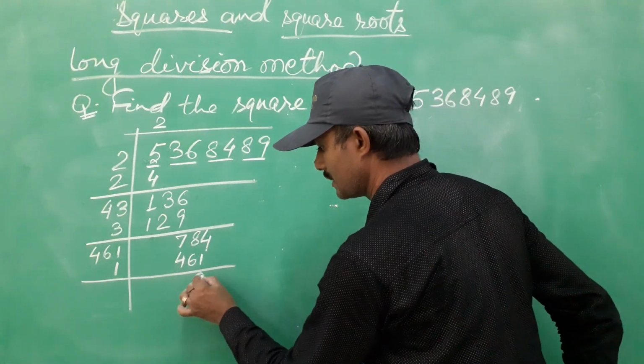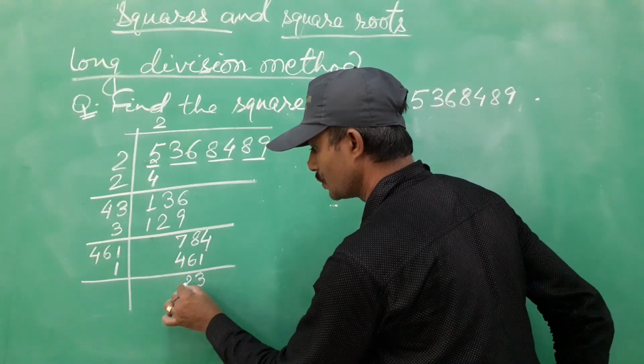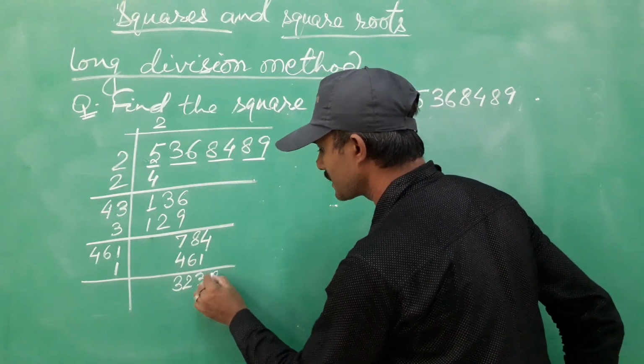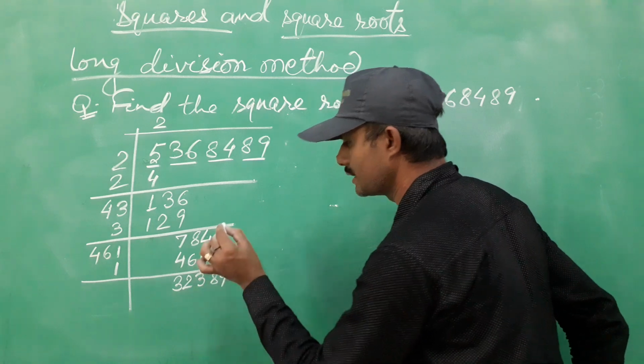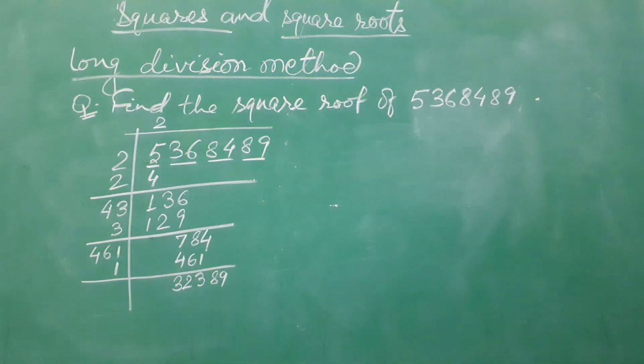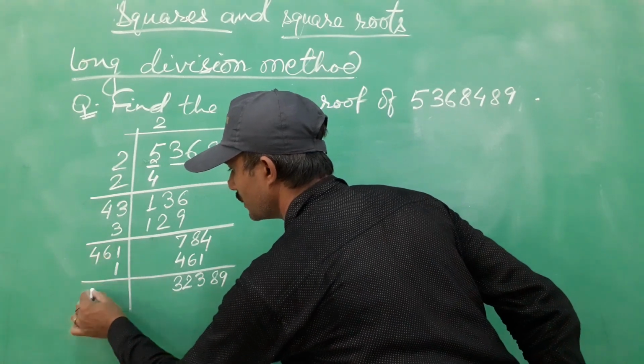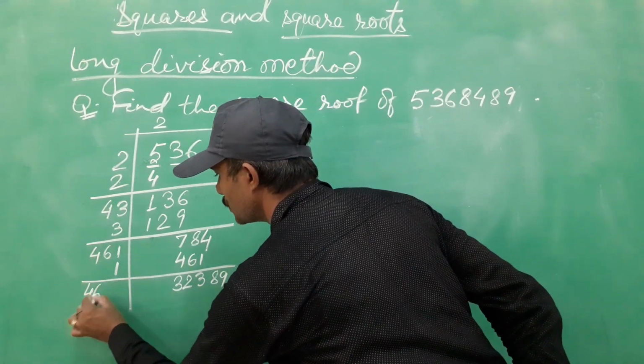This is 3, 2, and here 3. And then again bring down the next pair, 89. So it is 3 2 3 8 9. And here add 461 plus 1, it is 462.